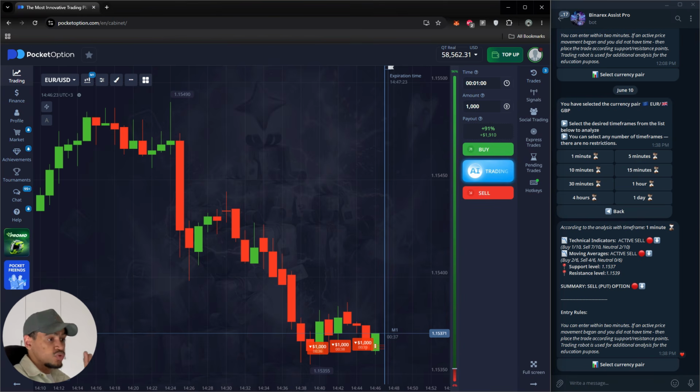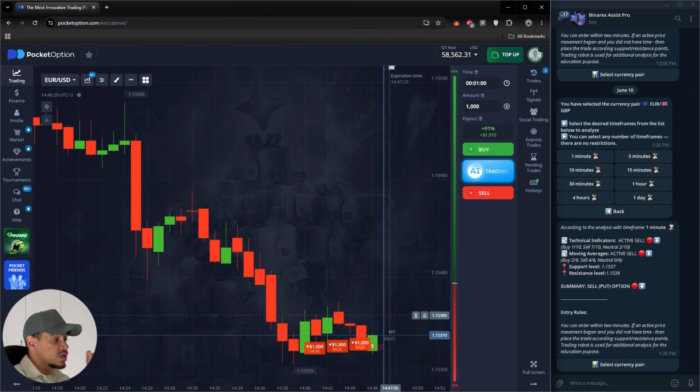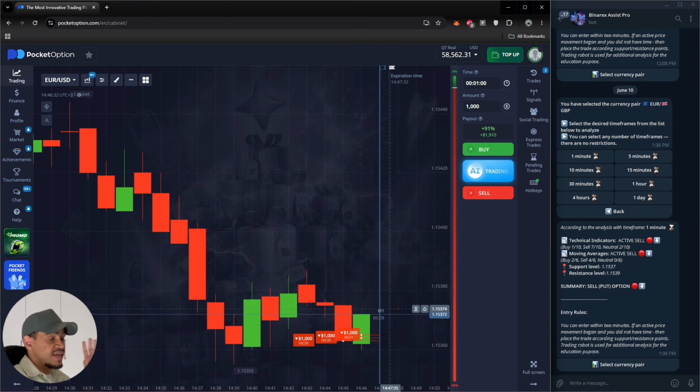There are 2 in neutral and 1 in buy, and then moving averages, we have 4 out of 6 moving averages showing a sell position as well. So this is a pretty strong sell position, right? We have our support levels marked out, we have our resistance levels marked out. So this tool really gives you a breakdown and what type of trade you are looking to take.